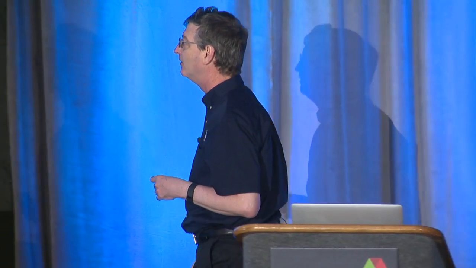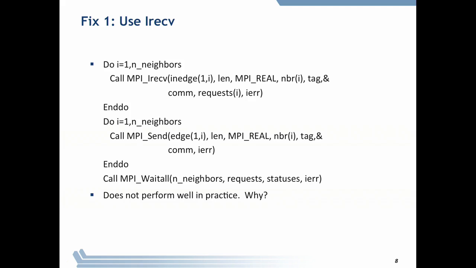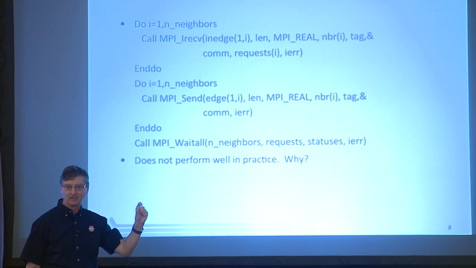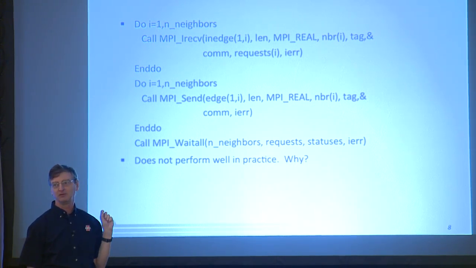I'm not actually advocating this, but you will see this sometimes in code. So if I did right here an MPI barrier, and the barrier was fast enough, this code would be faster. So there are times when barriers can speed up code by eliminating contention in your communication layers.